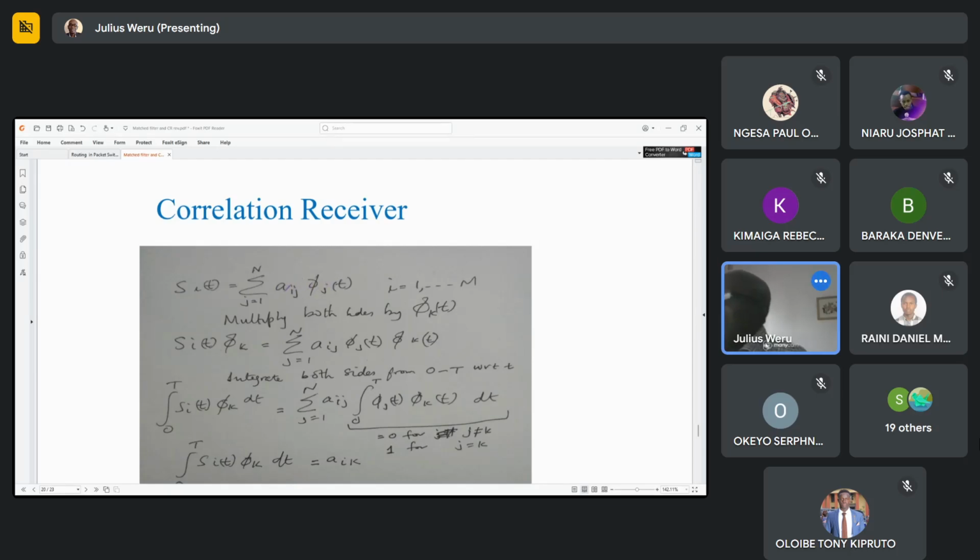So for Si(t), we are multiplying both sides by phi_k(t). We are assuming it's an orthonormal basis, but we are calling it k because it's varying from 1 to K. That k must actually be the same as j, but why we use k is because it can be any. I think it is good to clarify that.